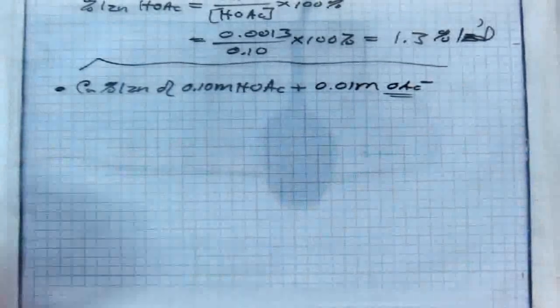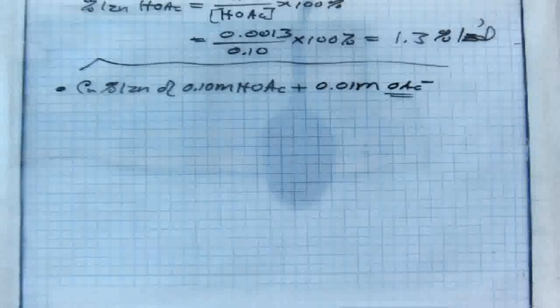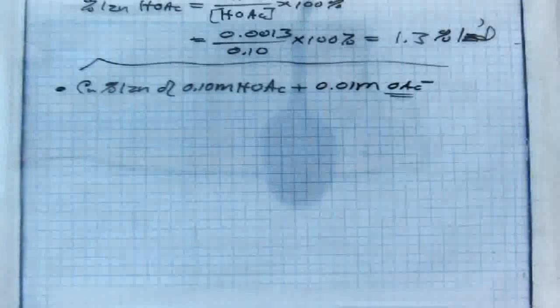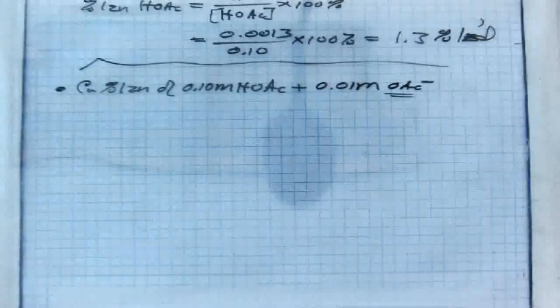Now the issue is, in common ions, this is already present in addition to the weak acid. That is, in the initial row, we have 0.10 molar in the acid and 0.01 molar in the acetate. And we assume those are in the starting gate, so to speak.